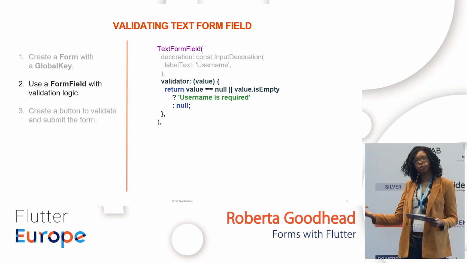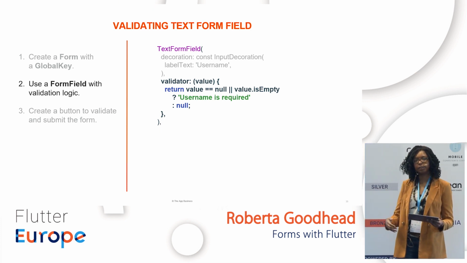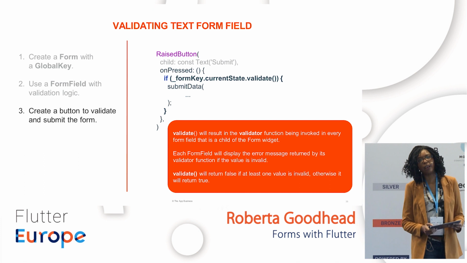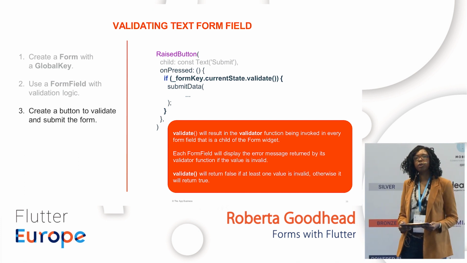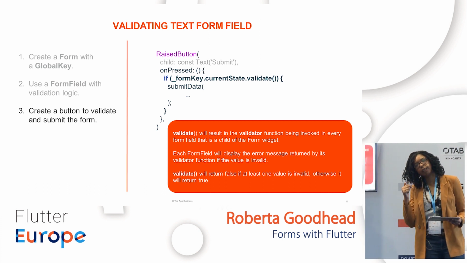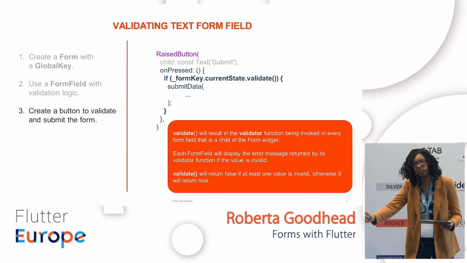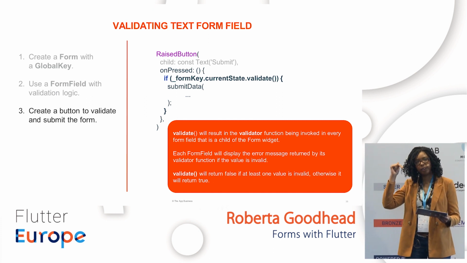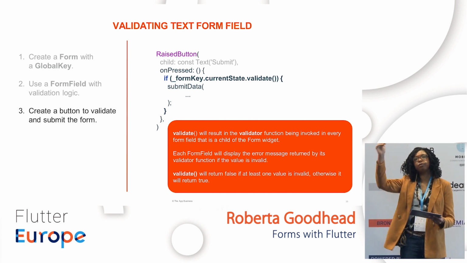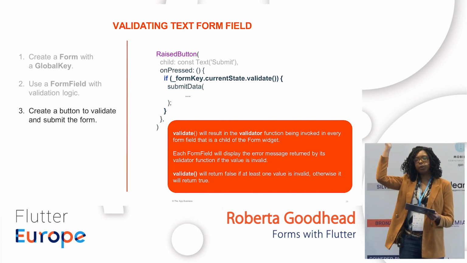If the field is invalid, we return the message we want displayed to the user. Otherwise, we return null, indicating that it's valid. And then finally, we can call the validate function, and then from there we submit the data. So what validate does is call the validate function on every single form field. Every form field has its own validate function, and within that validate function, it will invoke the validator.